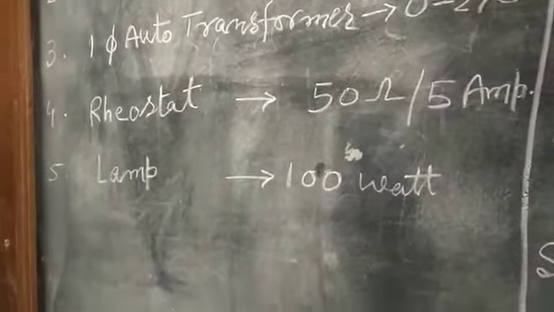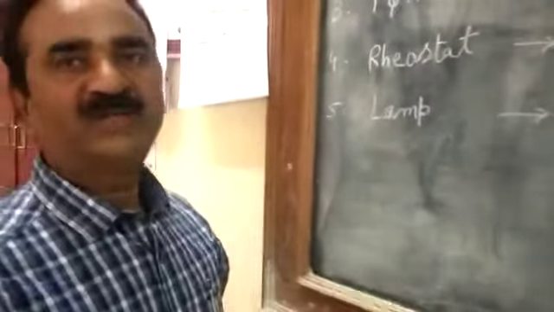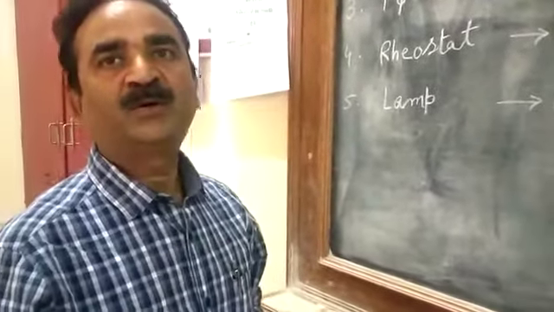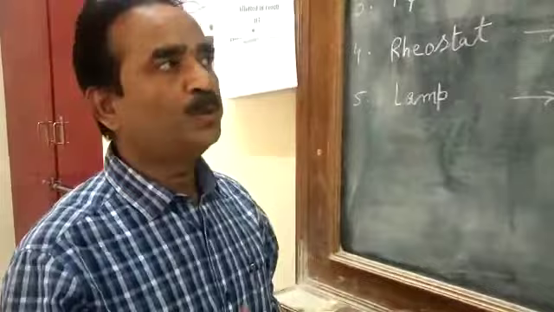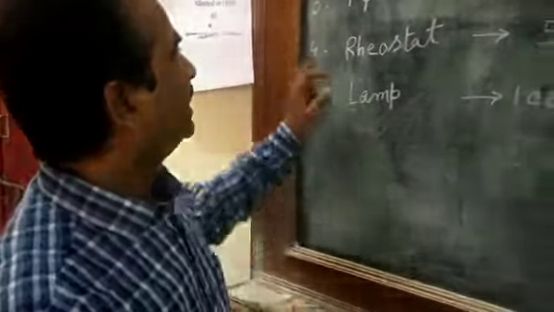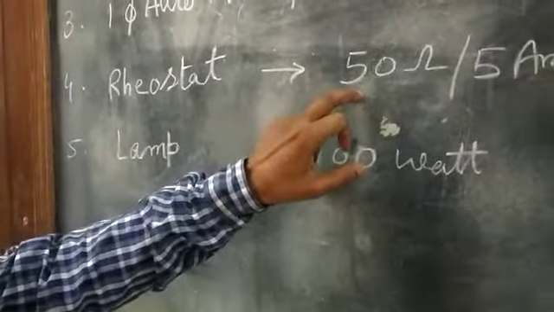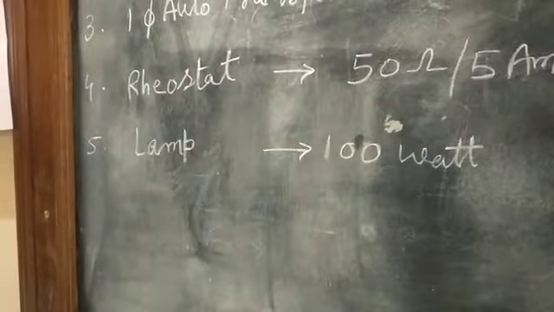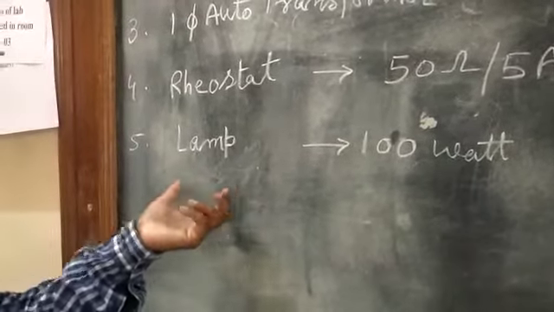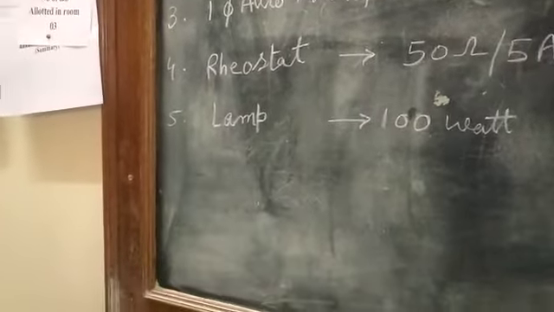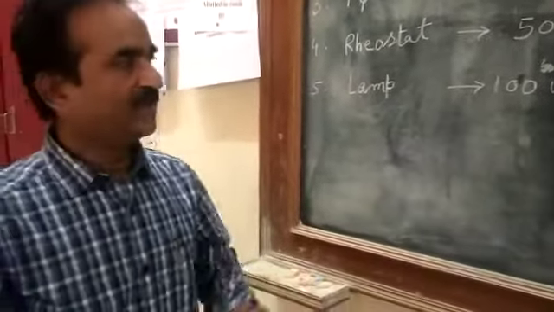The working of auto transformer is to provide the variable supply 0 to 270 volt. Next one is rheostat, that is rating is 50 ohm/5 ampere. And another one is lamp. So it is a simple bulb, 100 watt bulb, AC bulb.